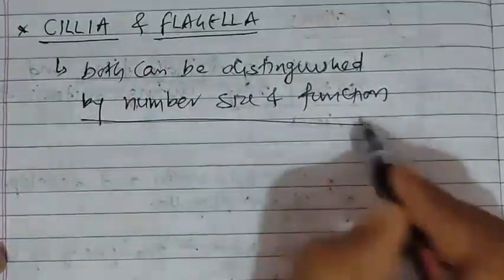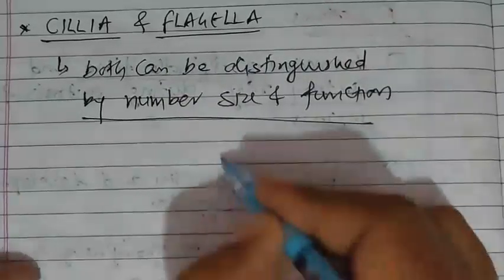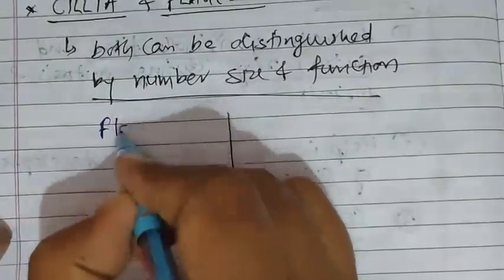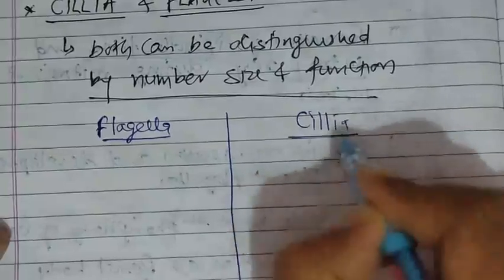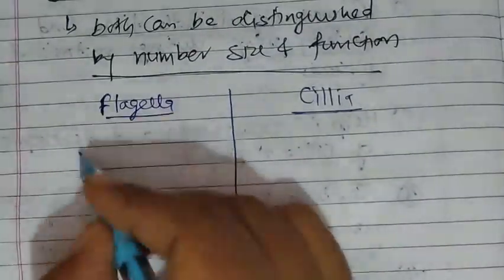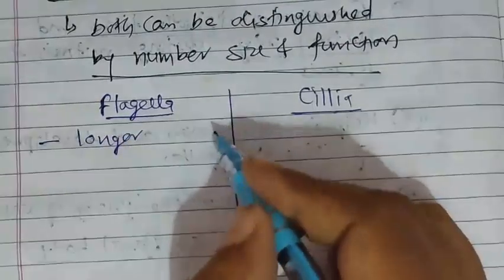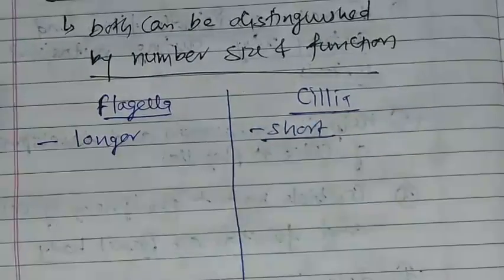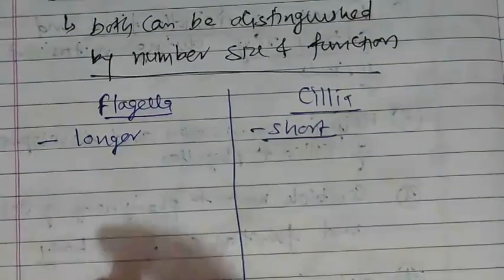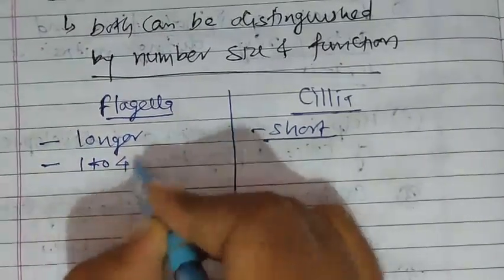If we see the difference, flagella are longer processes, while cilia are short appendages of the cytoplasm. Flagella are usually 1 to 4 in number.